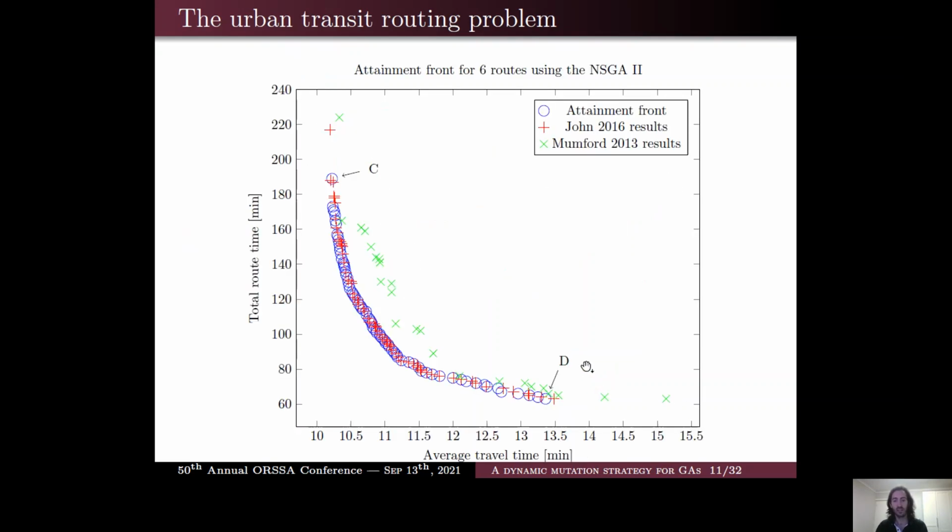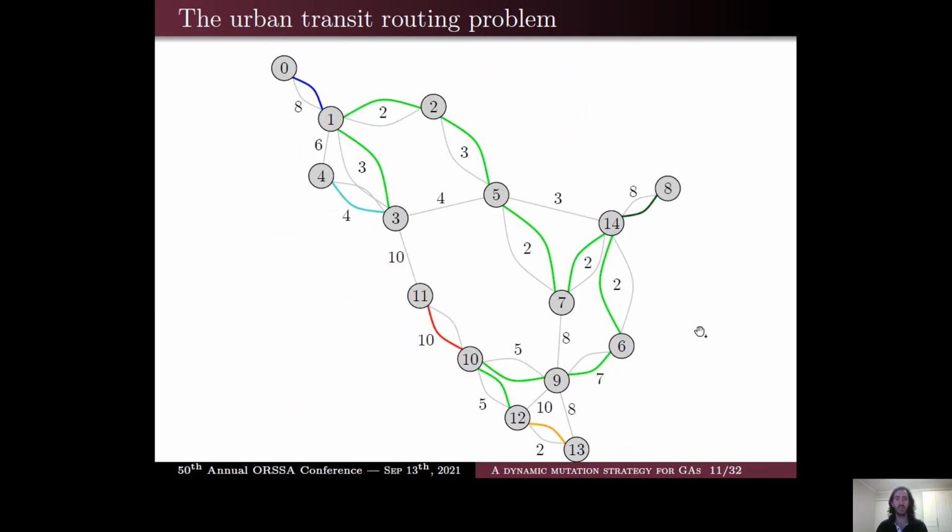On the other hand, if we look at solution D, which has the lowest total route time and the longest average travel time from the non-dominated set, we can see that these routes are quite sparsely populated. This means that passengers would have to incur multiple transfers to get to their destinations, therefore incurring transit penalties and a larger average travel time on the overall network.